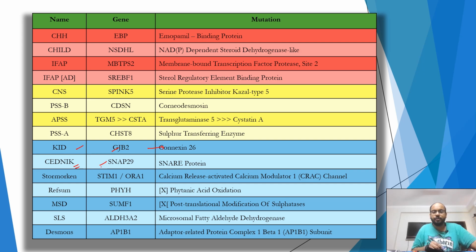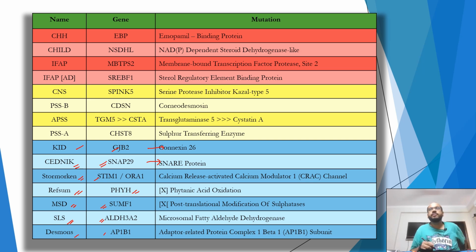CEDNIK is because of SNAP29 mutation leading to SNARE protein problems. Stormorken syndrome is because of STIM1 leading to calcium modulator protein problem. Refsum disease is PHYH leading to phytanic acid oxidation deficiencies. Multiple sulfatase deficiency is because of SUMF1. Sjogren-Larsson is because of ALDH3A2, and Desmond is because of AP1B1.